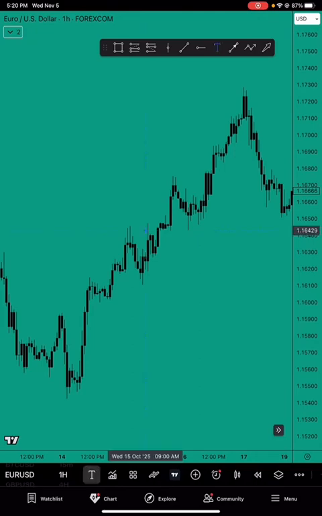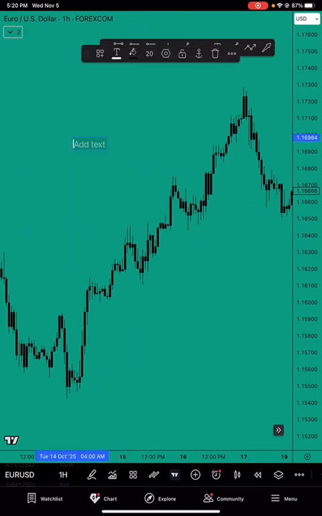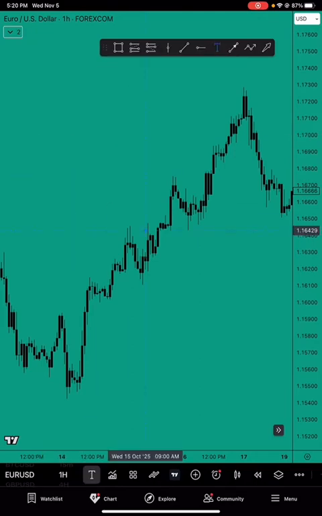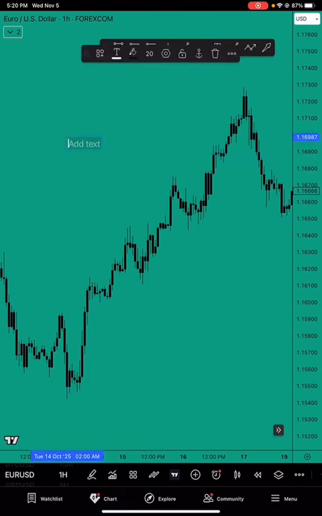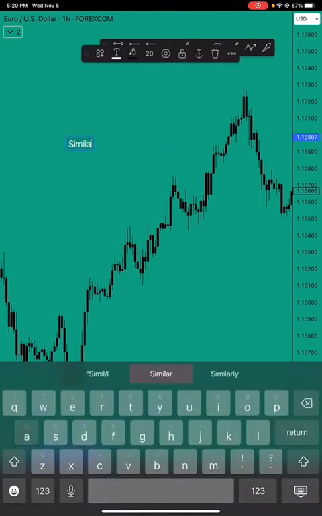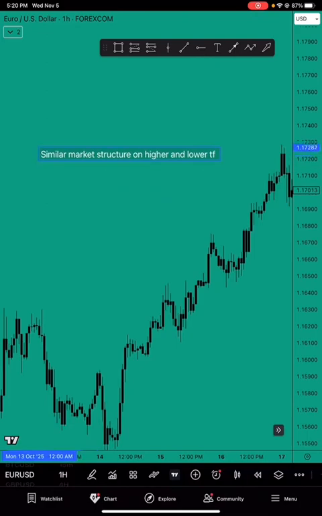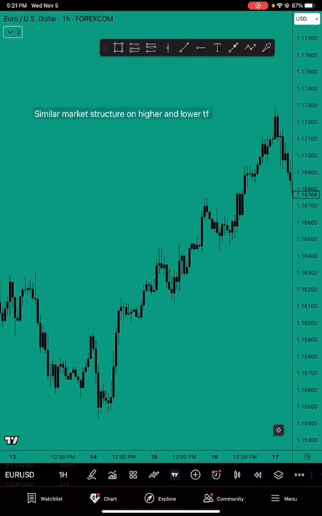So I'm going to write it here on the screen. You want to see similar market structure on higher and lower time frames. That's how you know the market is going in your favor, or not even in your favor, in its own favor.